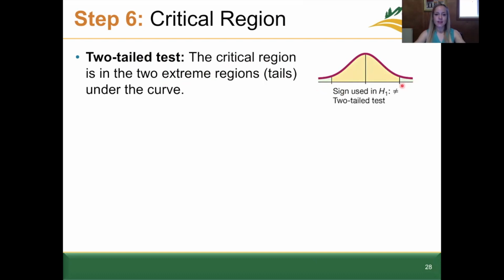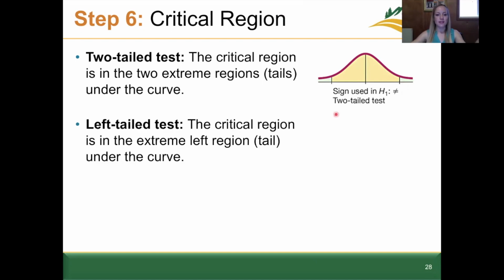The next category of a critical region is working with a left-tailed test. Here, the critical region is the extreme left region or tail under the curve. What does this look like now? Well, here, all of this tail is focused on this part of the distribution. So it's focused in the left tail of the normal distribution, and we don't have any shaded green area here on the right.